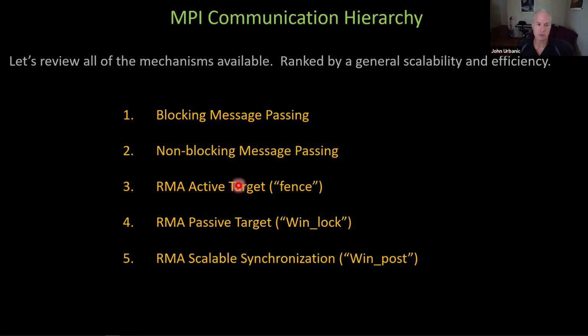You can go with the single-sided, these remote memory access versions of the routines using the fences very easily, and you can convert to that if you want. And then you can get even fancier and say, hey, I really want to use the passive ones, or I'm super duper fancy and writing ultra scalable code to run on 200,000 PEs and I want to use it. You can evolve your way to this very painlessly. You don't end up regretting that you chose the wrong one and you have to go back and rewrite your algorithms in your code.